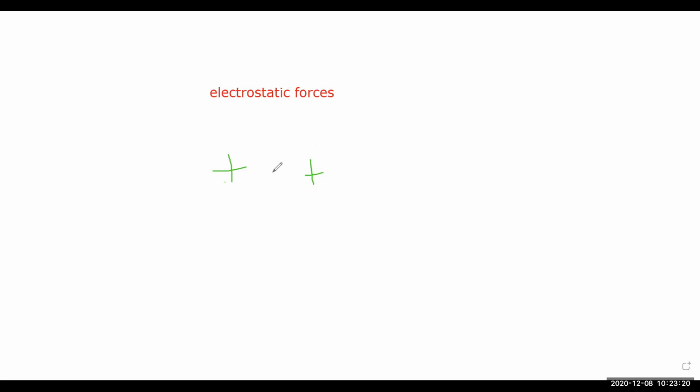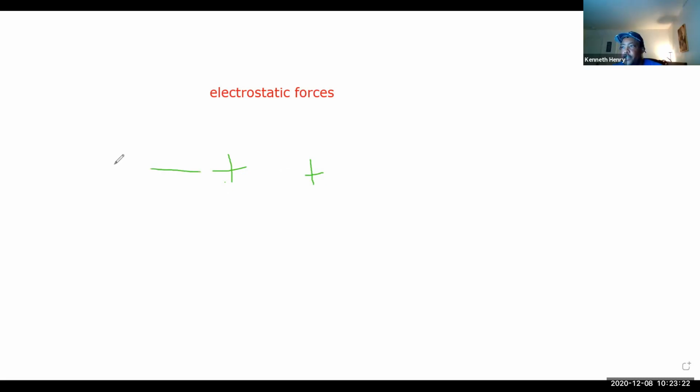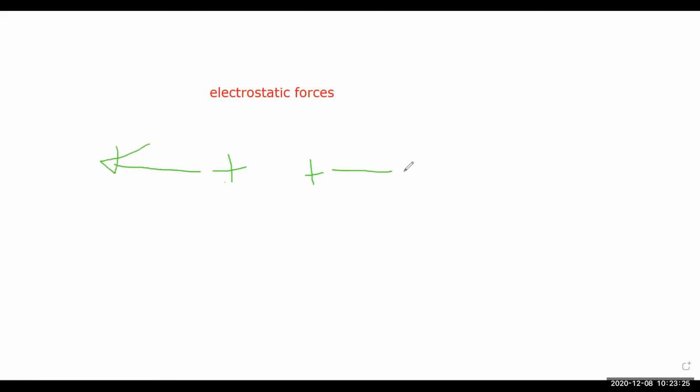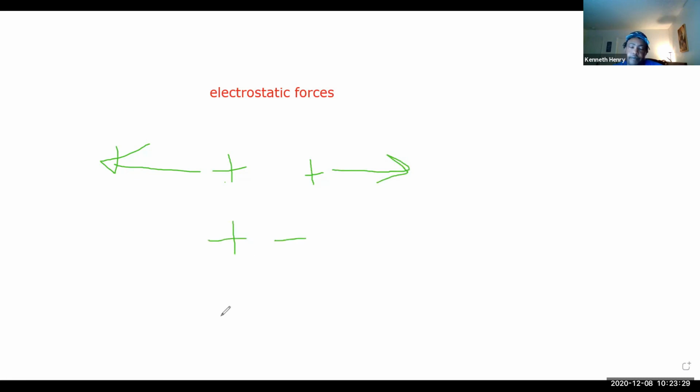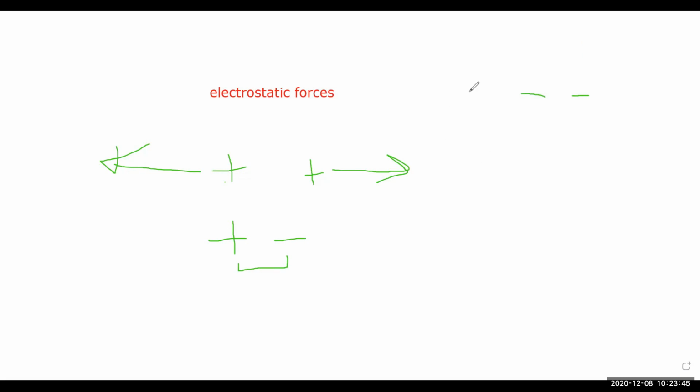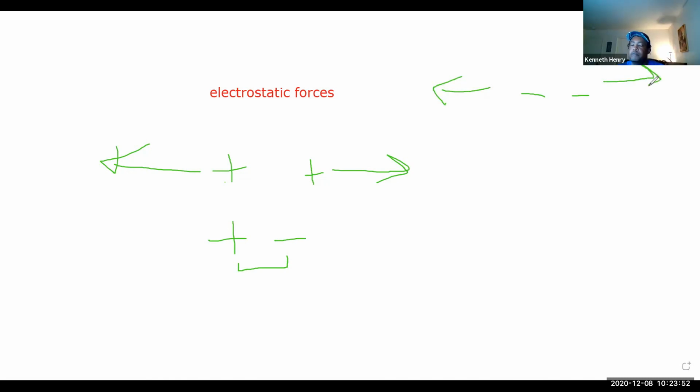They repel each other. So this guy's going to go this direction, this guy's going to go in this direction, okay? So what if I bring a positive and a negative together? They're going to come together. They're going to stay together, okay? If I have two negatives, they repel as well. Simple? Yeah. That's it.